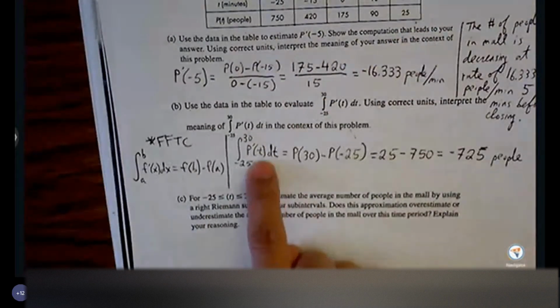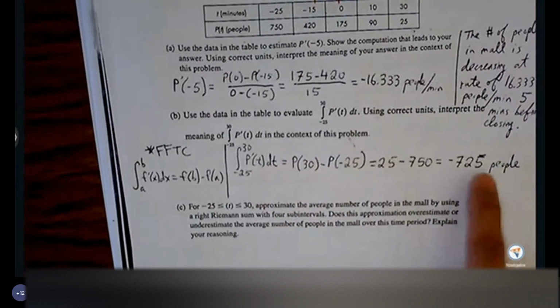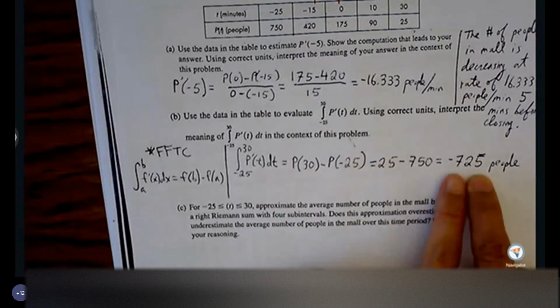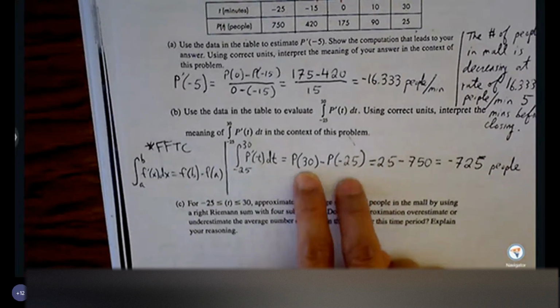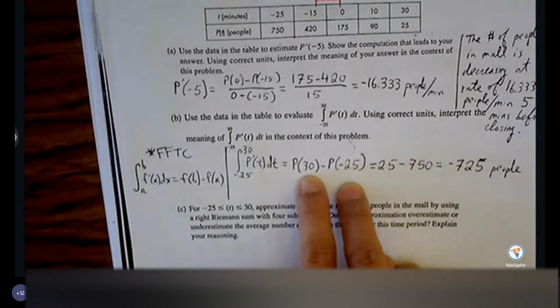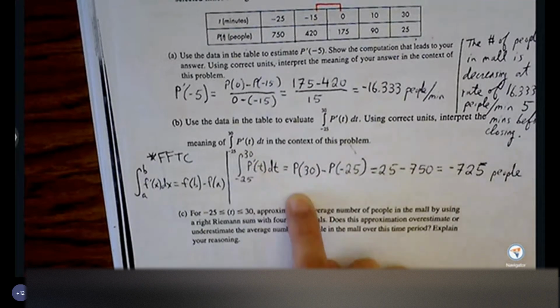So our units go from people per minute up to number of people. Now we have to interpret what this means, right? This is basically the change in population between 25 minutes before closing and 30 minutes after closing.